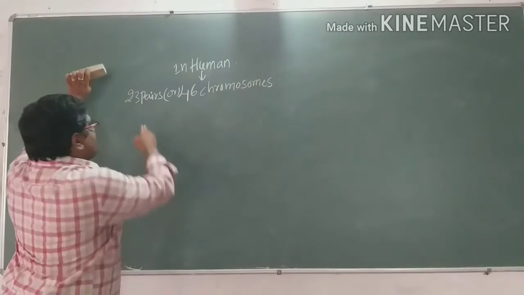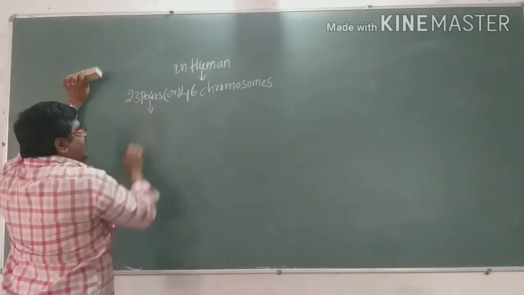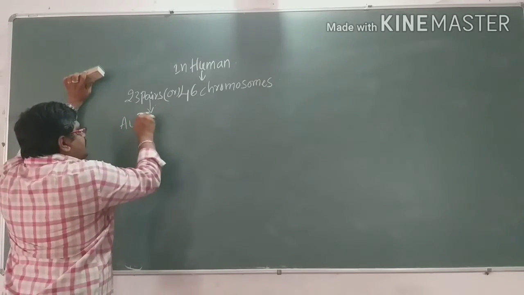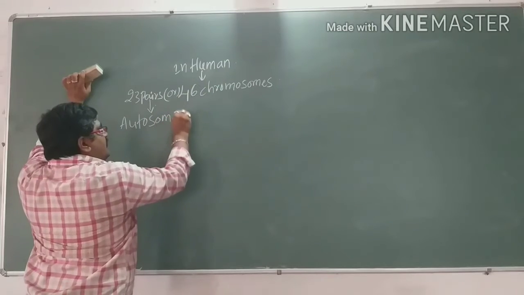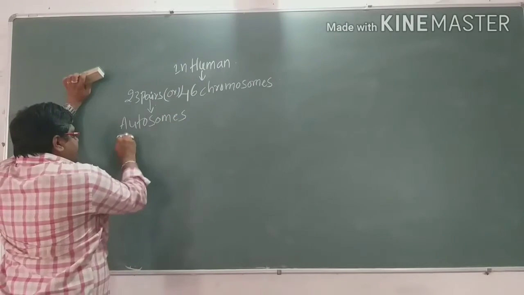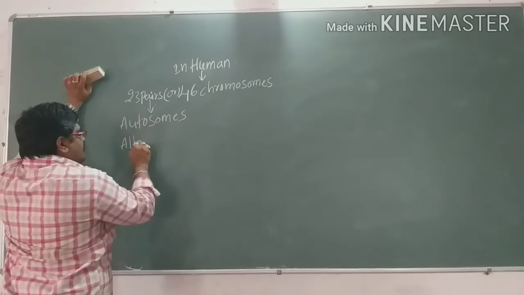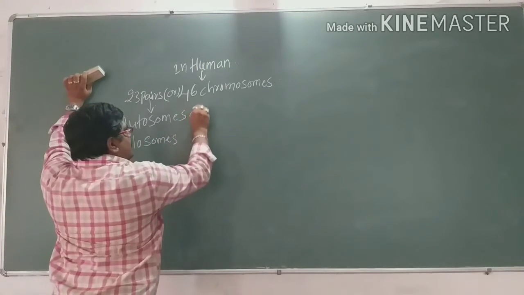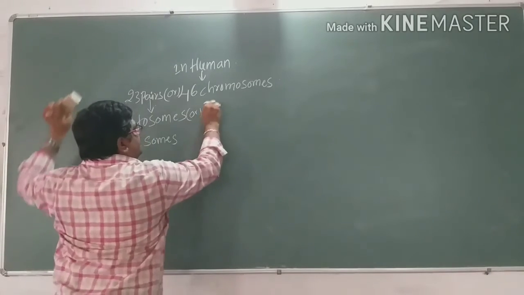These 23 pairs are divided into two types. One is called autosomes, also called somatic chromosomes, and the second is called allosomes.